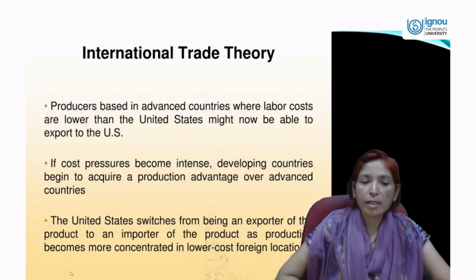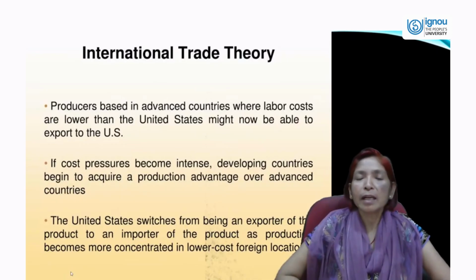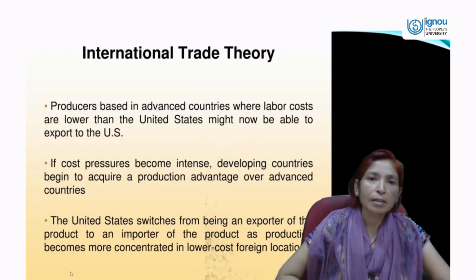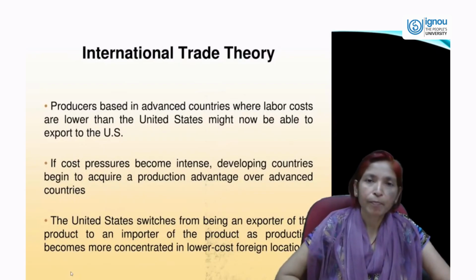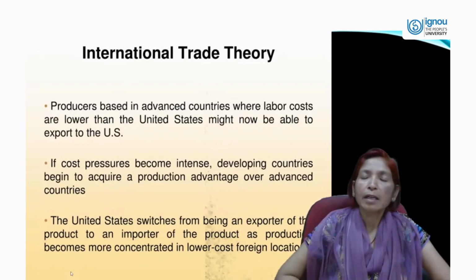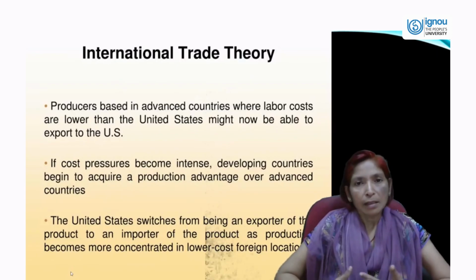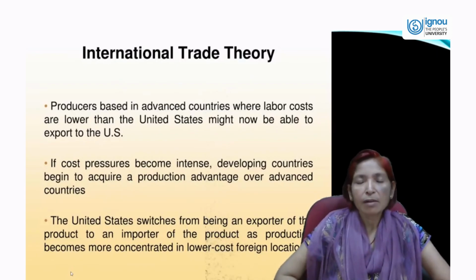The United States switches from being an exporter of the product to an importer of the product as production becomes more concentrated in lower cost foreign locations. Basically, international trade depends upon specialization and the cost of production of the factors.